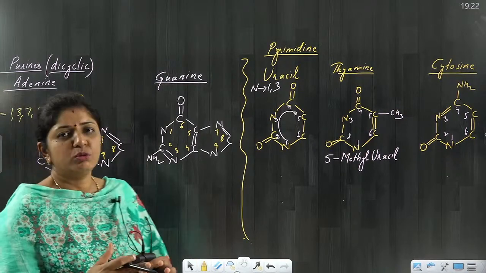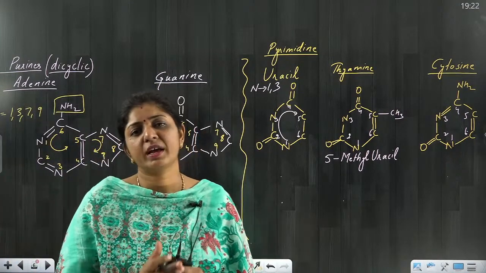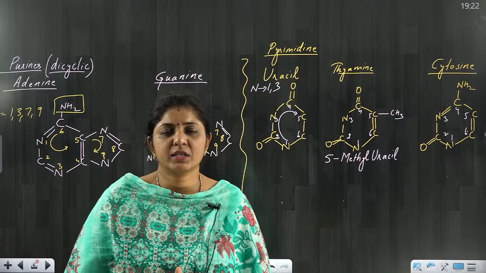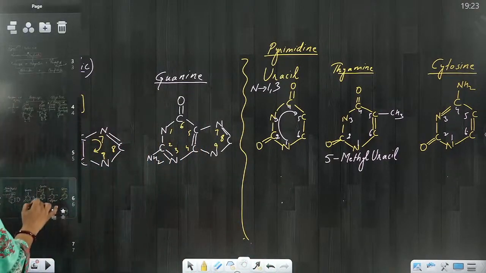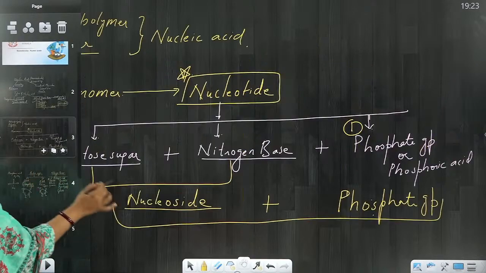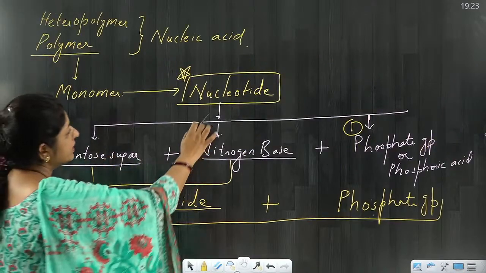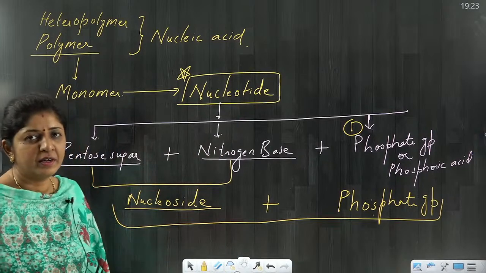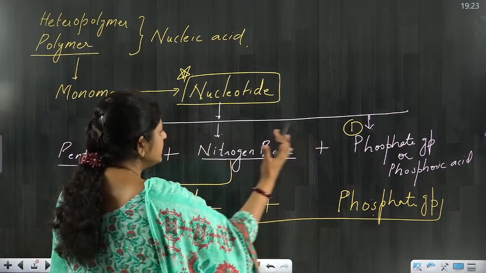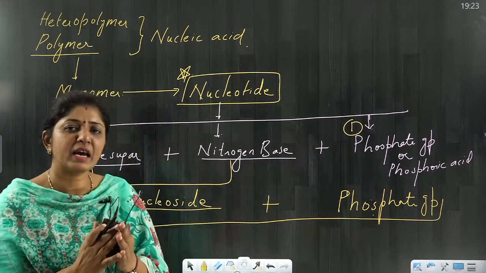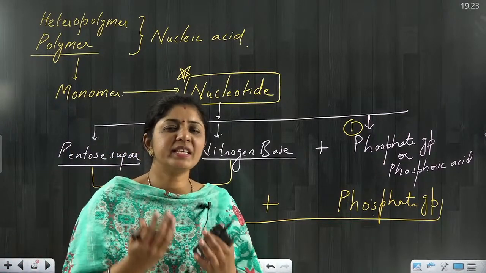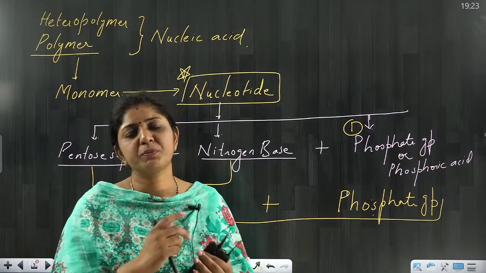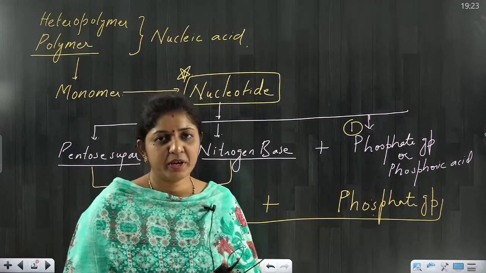So this is about the structures of the nitrogen bases we have discussed. Can I say we have discussed all the 3 components of one nucleotide? Now let's see how these 3 are combined to make one nucleotide. We are telling you about the bonding present to create one nucleotide.